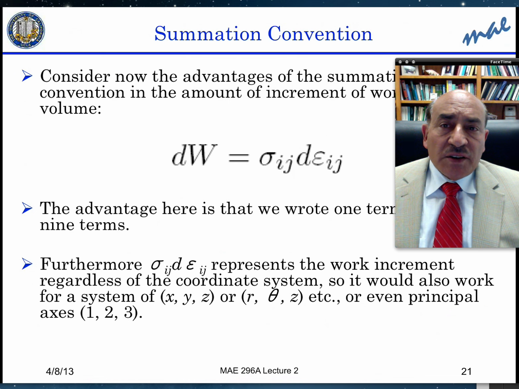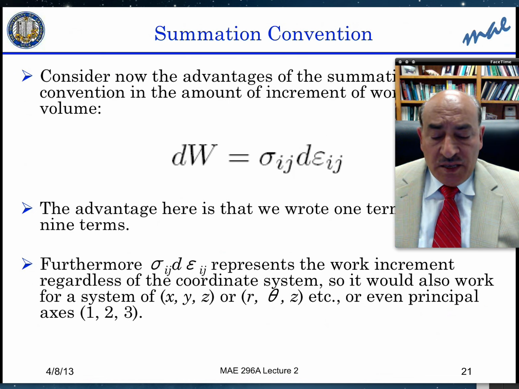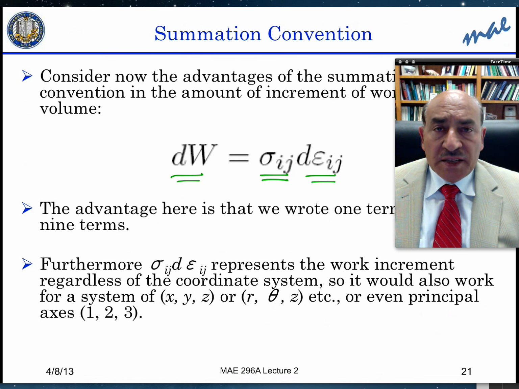As an application of the summation convention, if we're calculating, for example, the work done per unit volume, then we write it as sigma ij d epsilon ij. Whenever we have a repeated index, it means it's a for loop, like you're doing a for loop for i equals 1, 2, and 3.